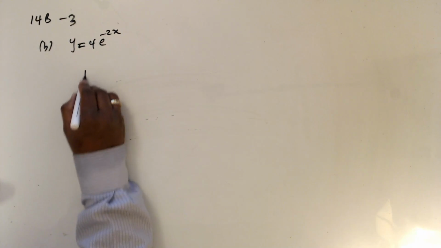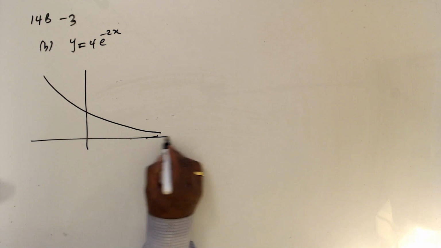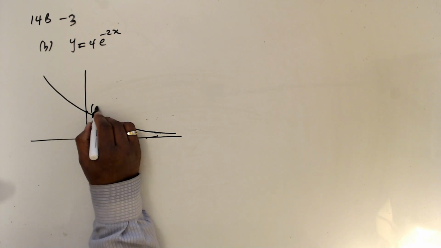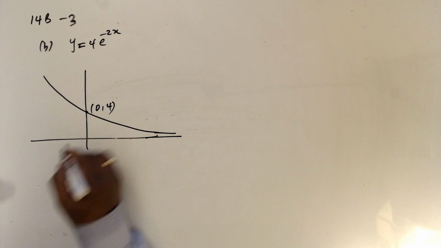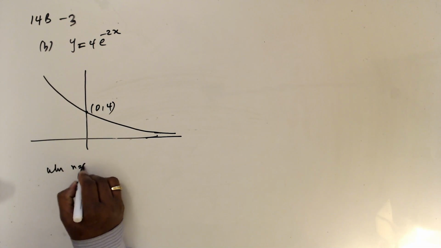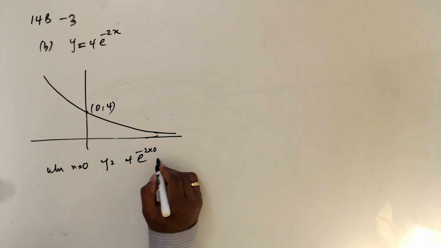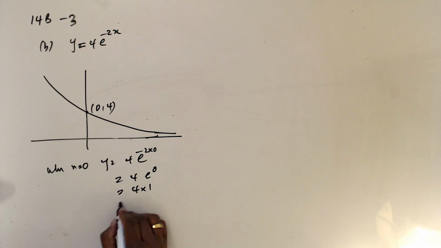So the graph is going to be like this. (0, 4). When x equals 0, y equals 4e^(-2 times 0), e^0 is 1, so 4.